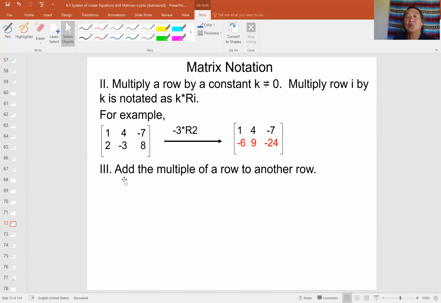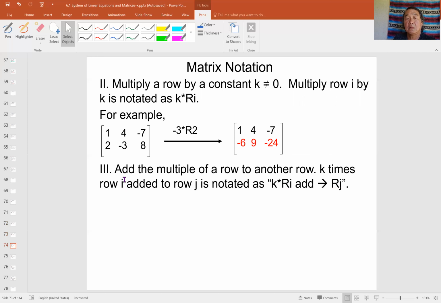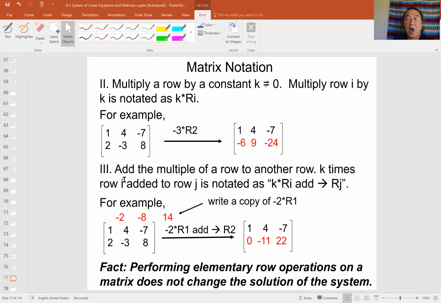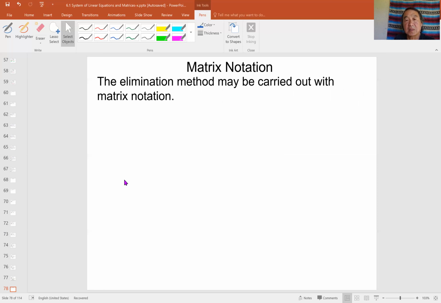I can add a multiple of a row to another row, and I also get a system with the same solution as before. So armed with these 3 steps, it's like playing a game, jumping around with these 3 steps.